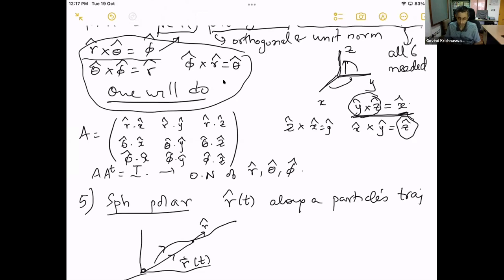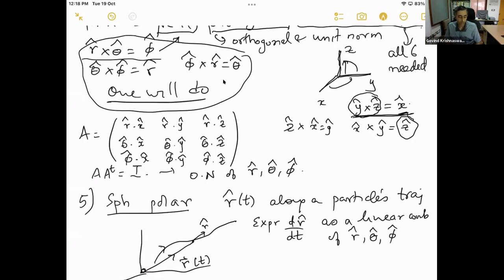And we are asked to express, I'm sorry, the time derivative of r hat, d by dt of r hat, as a linear combination of r hat, theta hat, and phi hat.